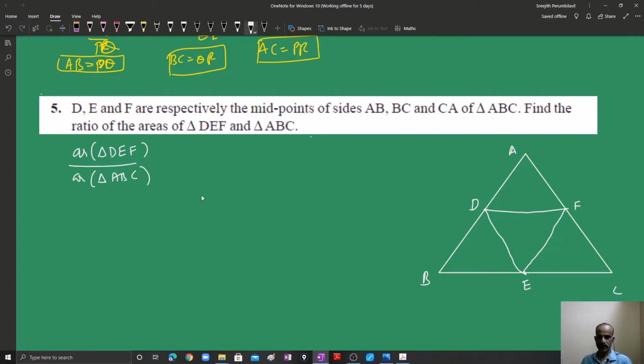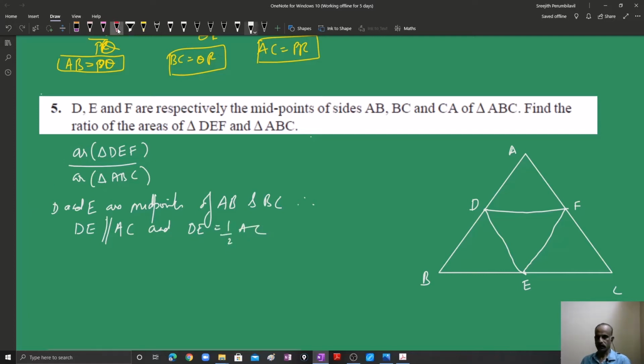Now the proof part. D and E are midpoints of AB and BC. Therefore, by the midpoint theorem, DE is parallel to AC and DE is equal to half AC.